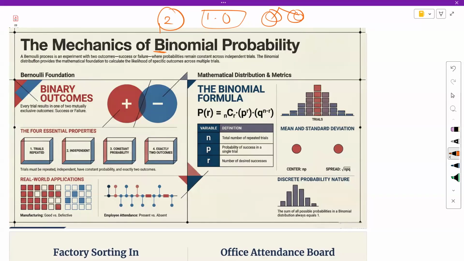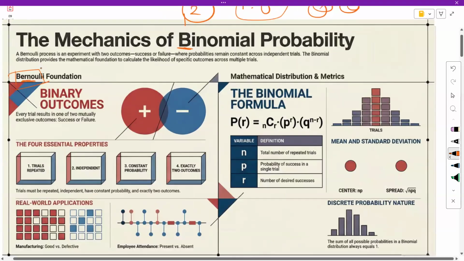The Bernoulli process. Professor Bernoulli introduced the concept, and therefore his name is used for this kind of trial or experiment. The Bernoulli process is an experiment with two outcomes. The experiment always has two outcomes, that is success or failure.